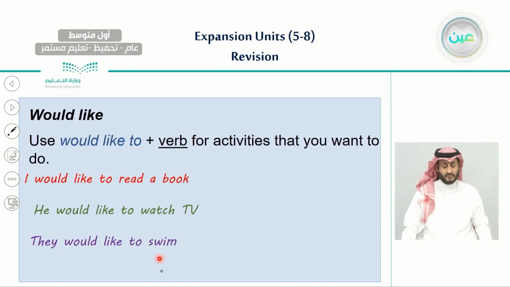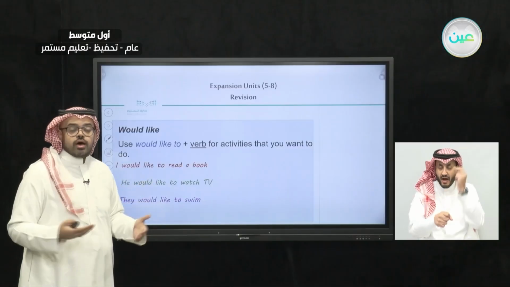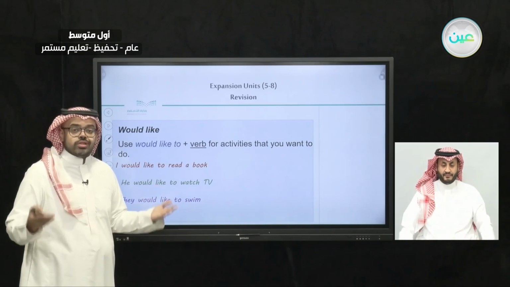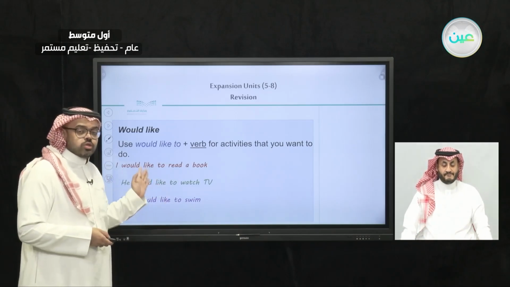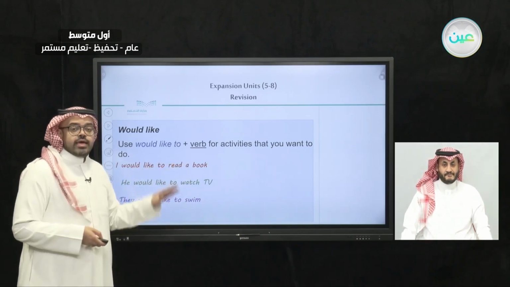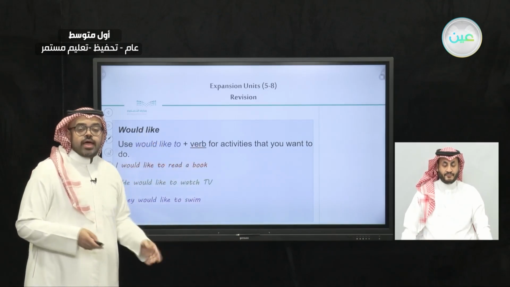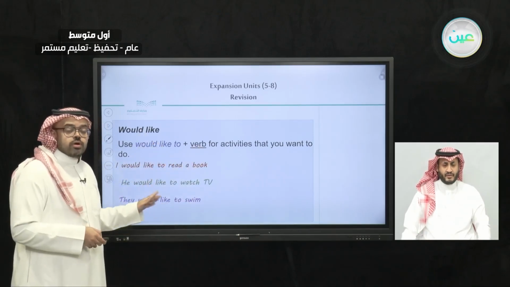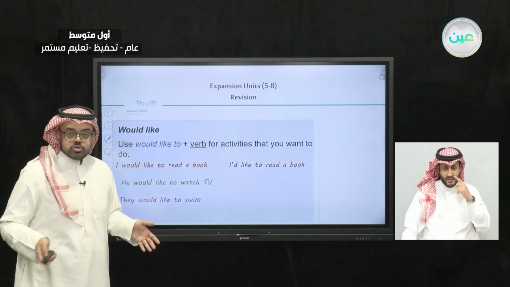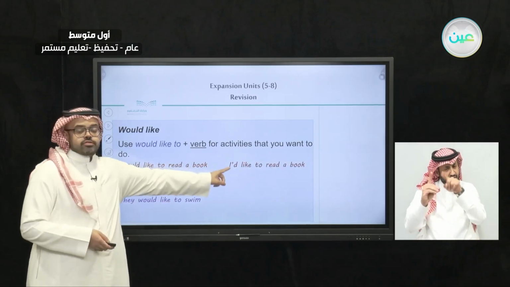So here is the second kind of the verb would like. The first one is would like plus a noun, and the second one is would like to plus a verb. And as with the previous one, this one also has a shorter form, which is apostrophe and a D.